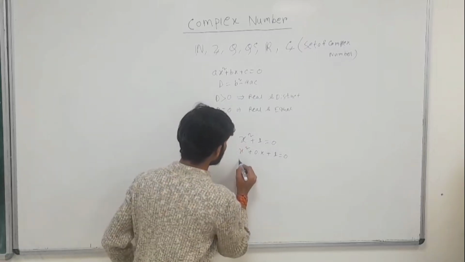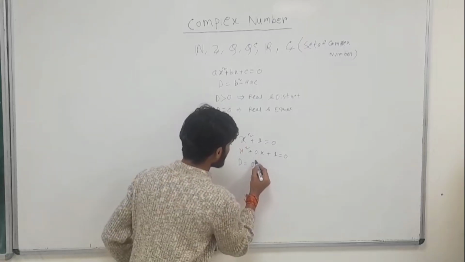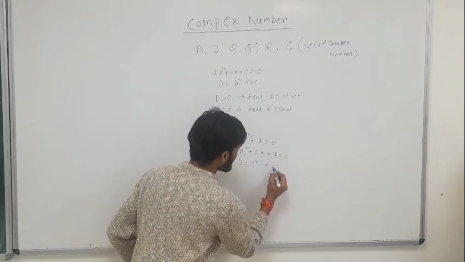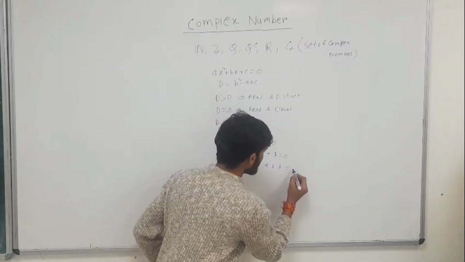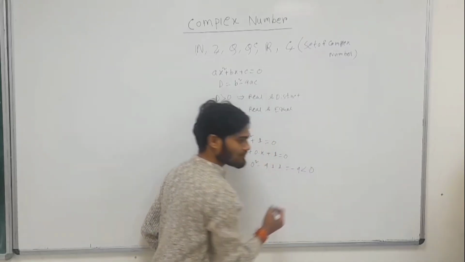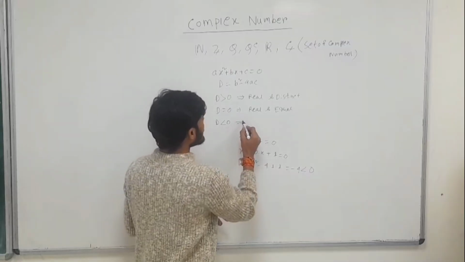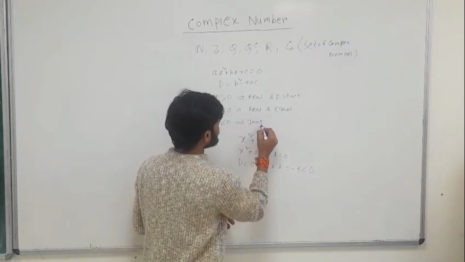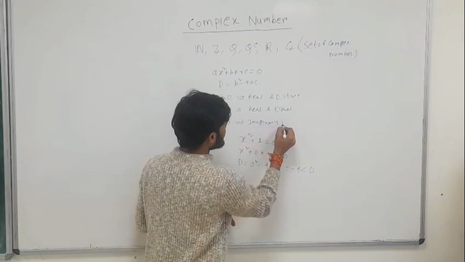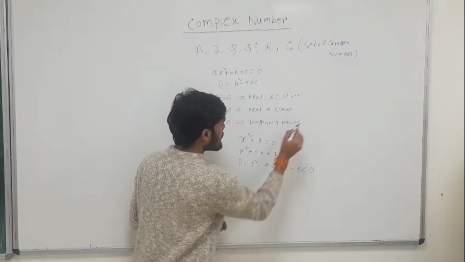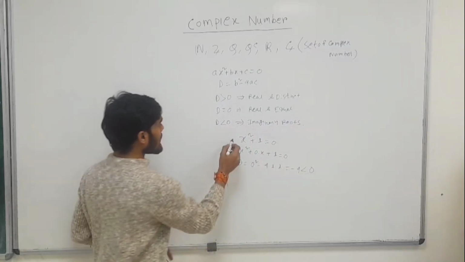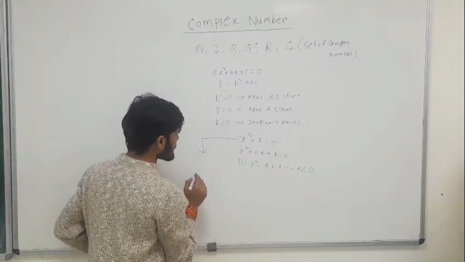So, what will be D here? b square is 0 square minus 4ac. What is this? This is minus 4 and this is less than 0. So when your D is less than 0, then you will get the imaginary roots. Okay. So just try to find the roots of this equation.